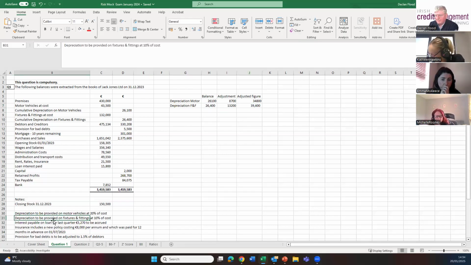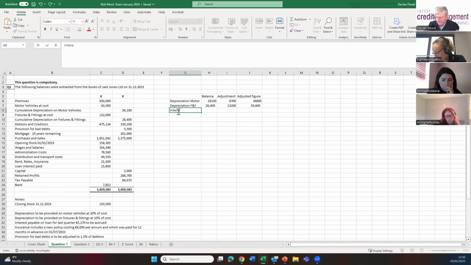The interest payable on the loan for the last quarter is 5,270 to be accrued. So I know I have to pay interest for the last quarter. I know it relates to last year. I know that I have to include it and I know they haven't charged it to me yet. So on that basis, the interest on the loan, I paid 15,800.